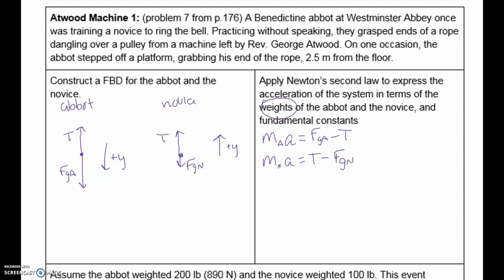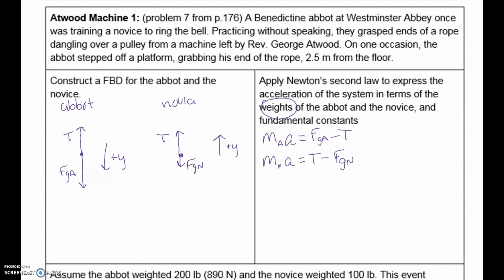Alright, so basically I've set up my system of equations here. I just need now to make sure that the terms are in terms of weight of the Abbot and Novice and any fundamental constants. So since we're trying to find acceleration here, what I'm not allowed to have in my expression then is tension. Right?